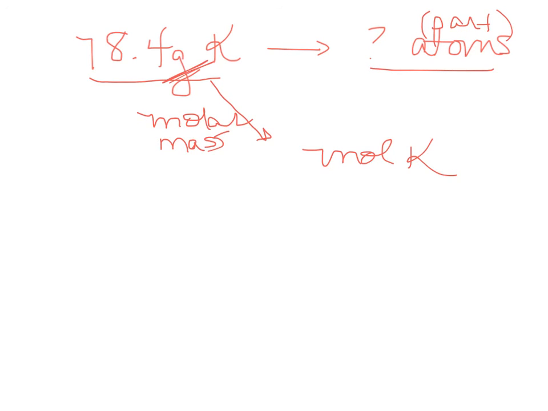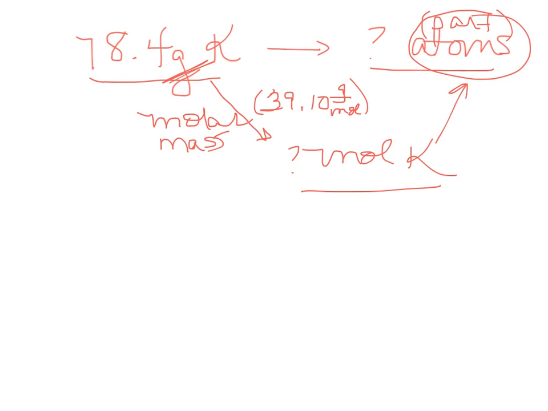If I look in the periodic table, I can see that the molar mass of potassium is 39.10 grams per mole. Once I have the moles of potassium, I can then go to anything, in this case atoms or particles. Anytime atoms or particles is part of the calculation, I'm going to use Avogadro's number.